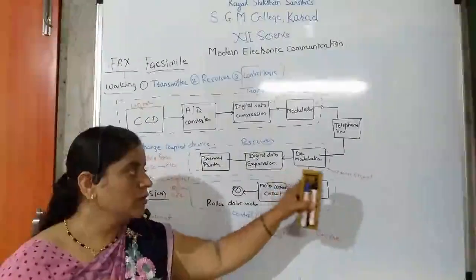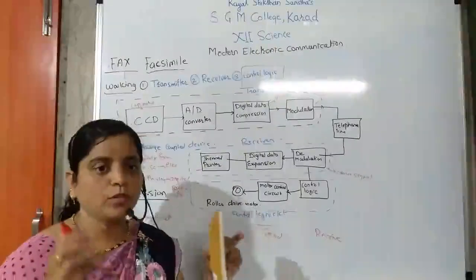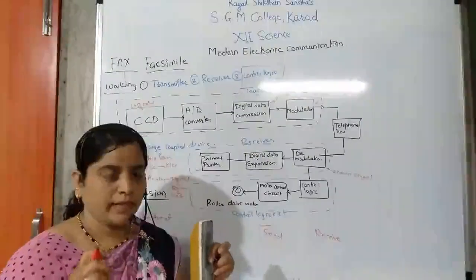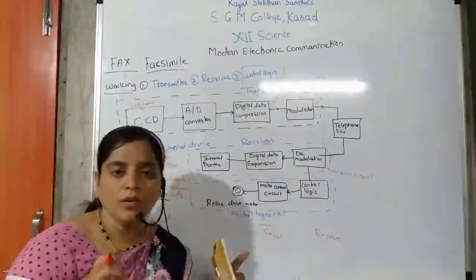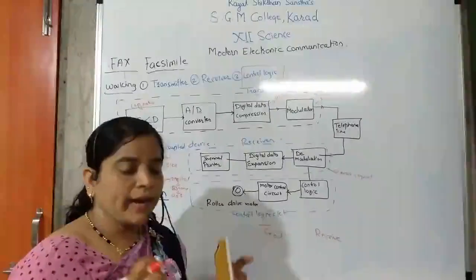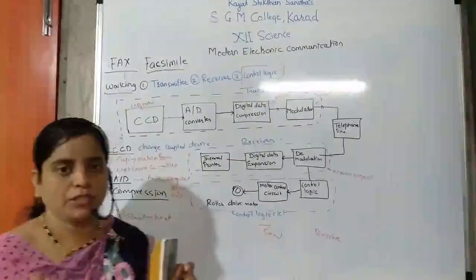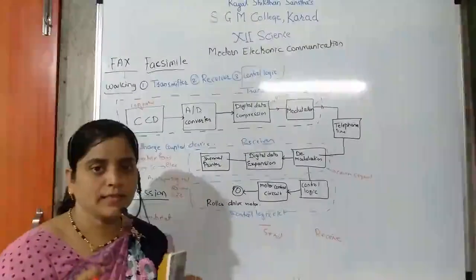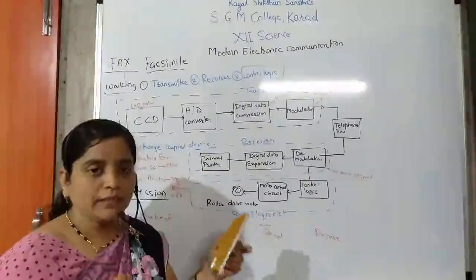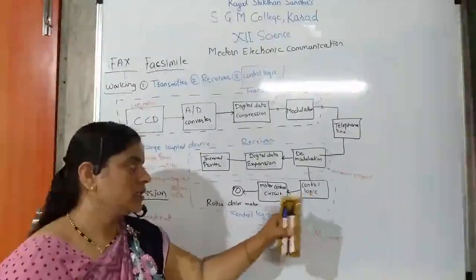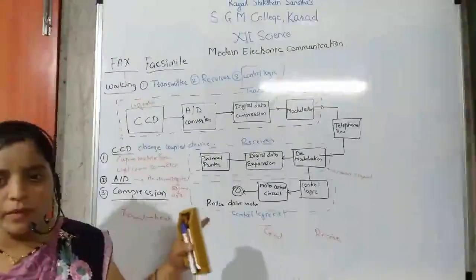For that, a control signal is used to handshake between the two machines. Control logic is used to ensure between the two fax machines that the document is successfully sent to the other fax machine or not. For that purpose, control logic is used.